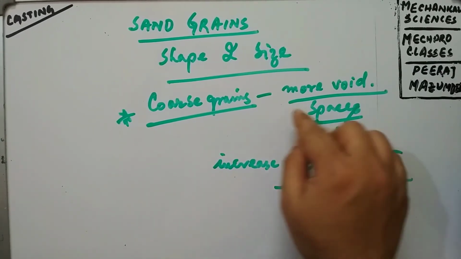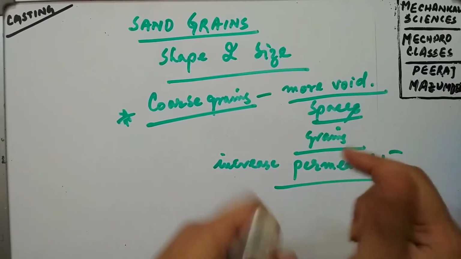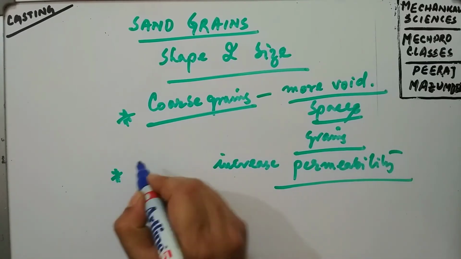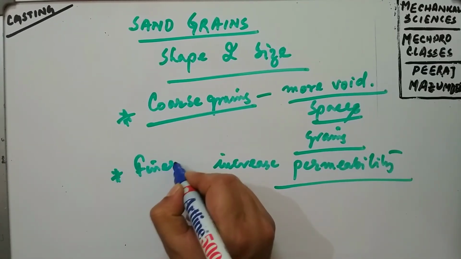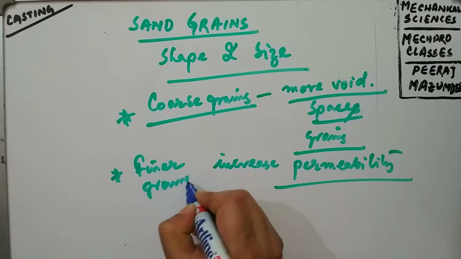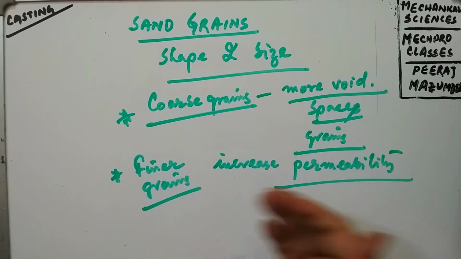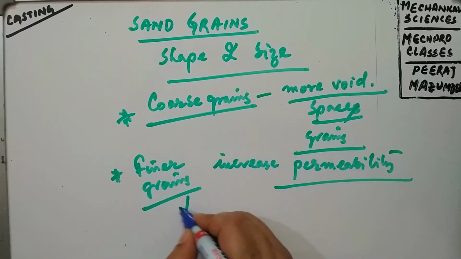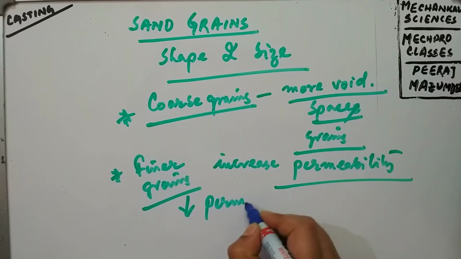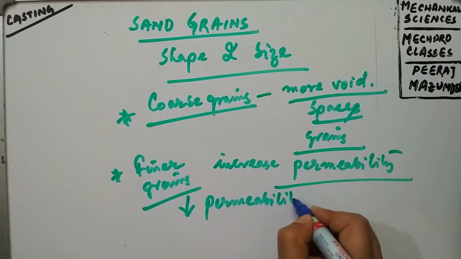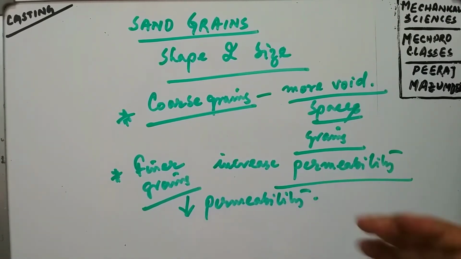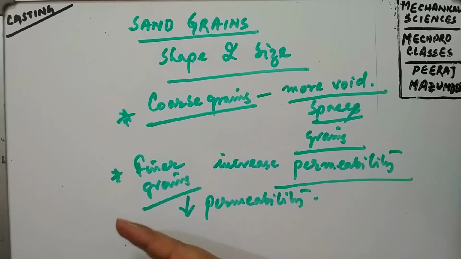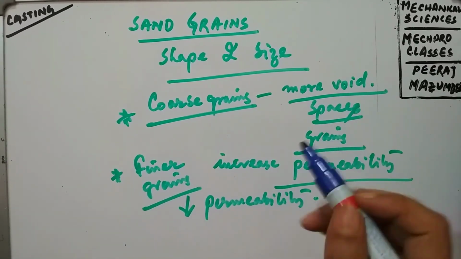So it will increase permeability. Similarly, finer grains would have lower permeability. Now these finer grains can provide better surface finish.